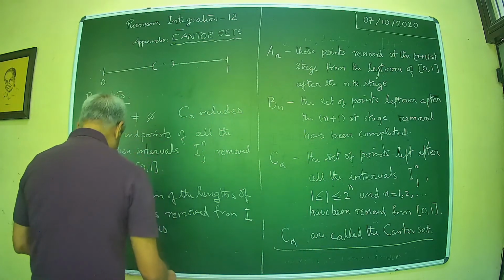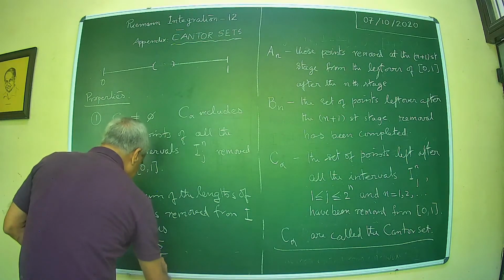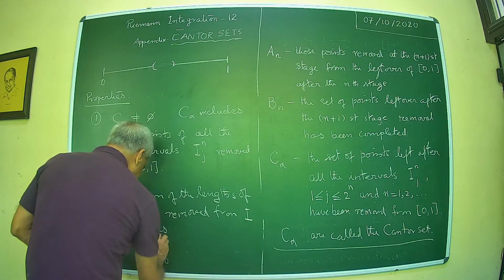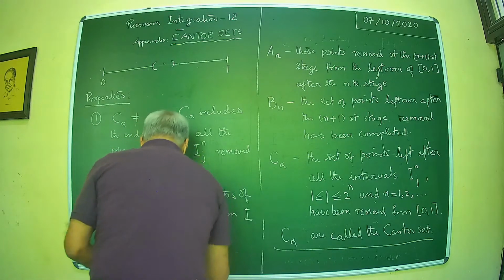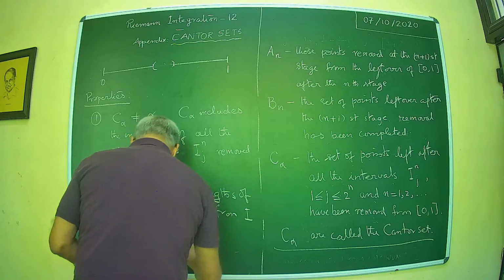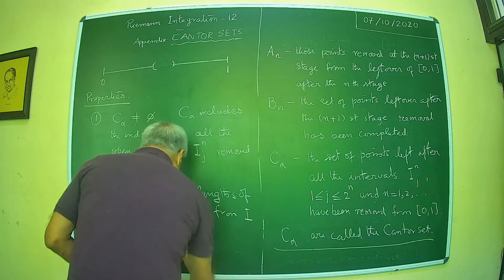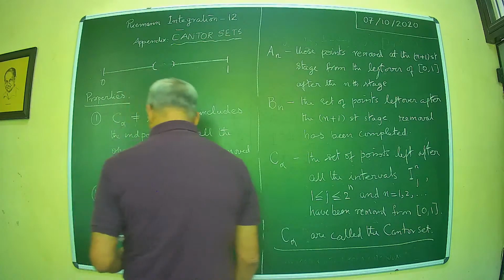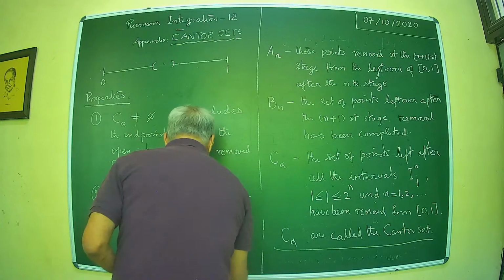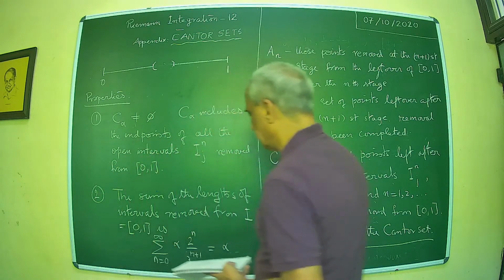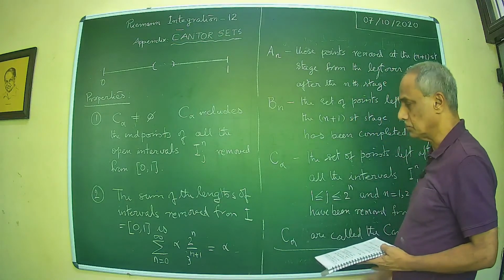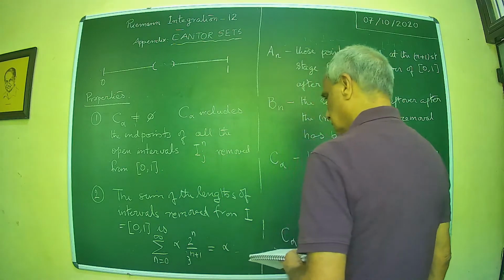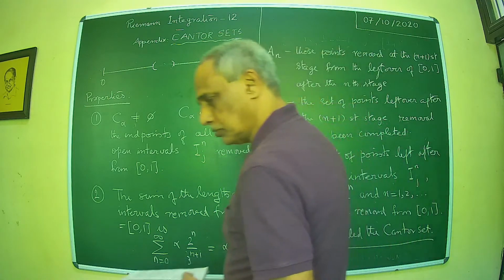Therefore, this is essentially equal to sigma n from 0 to infinity alpha 2 to the power n by 3 to the power n plus 1. And this you can show is equal to alpha. So essentially it is alpha by 3 into the summation of 2 by 3 to the power n. Okay, let us explore this.